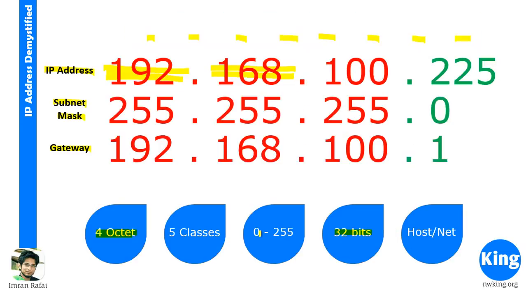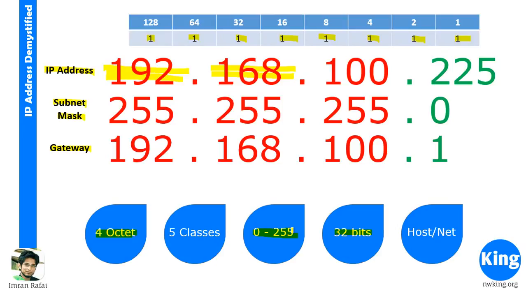Alright, next it says an IP address can take numbers from 0 to 255. You might ask, 255, where does that number come from? Well, if you look at the table again, if all the bits in the octet are 0, the decimal number is 0.